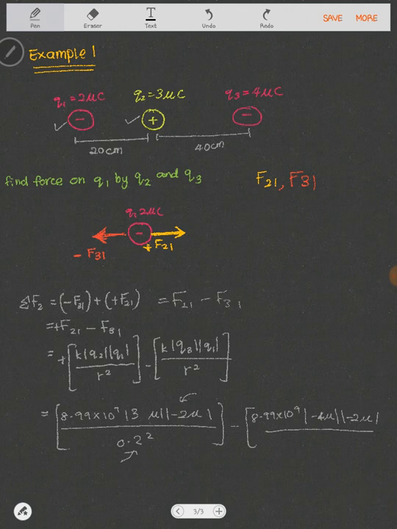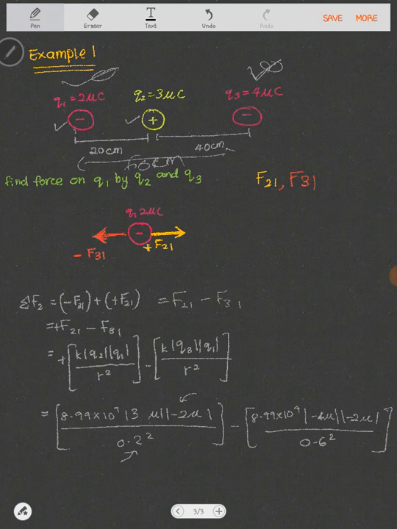So this is between the charge 3 and charge 1. So radius between the charge 3 and 1 is 60 centimeter, which is 0.6 square. Okay, so don't get confused about that.